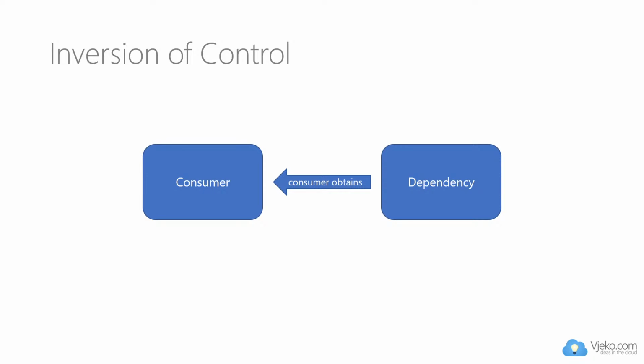But it doesn't need to know about the dependency itself. This dependency now enters the consumer from somewhere, and we will talk about that. Then the consumer can use it regardless of what this dependency is. It can be, again, Business Central setup, or a REST web service, or anything else for that matter. So this is just in general what inversion of control is.